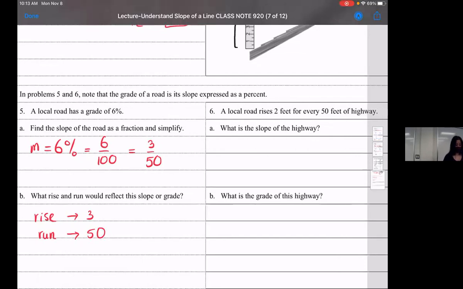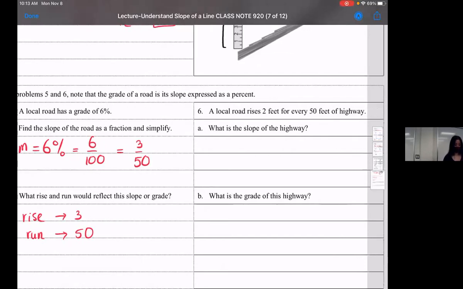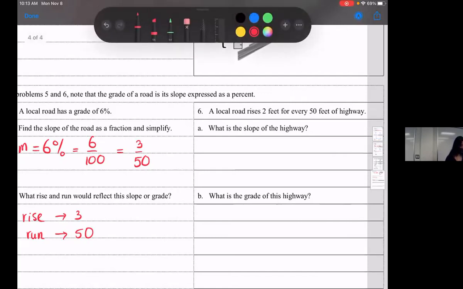Number 6, a local road rises 2 feet for every 50 feet of highway. What is the slope of the highway? So M equals rise 2 feet for every 50 feet. Rise 2 over run 50. Simplify this for me, that will be 1 over 25.